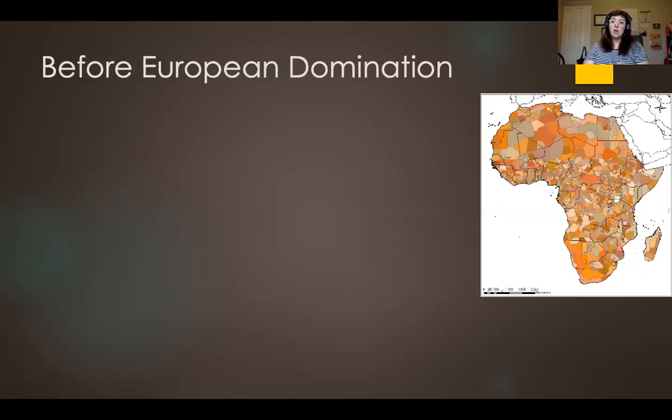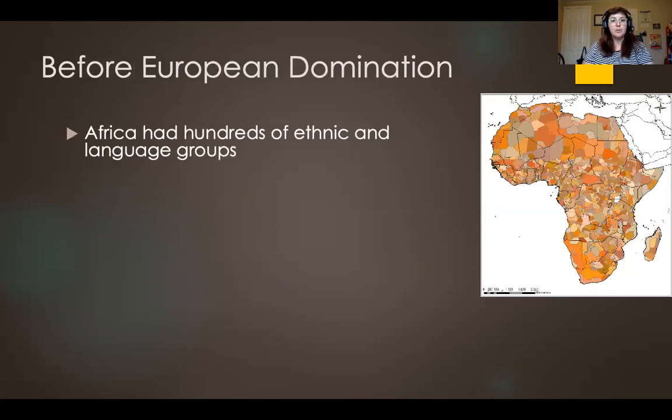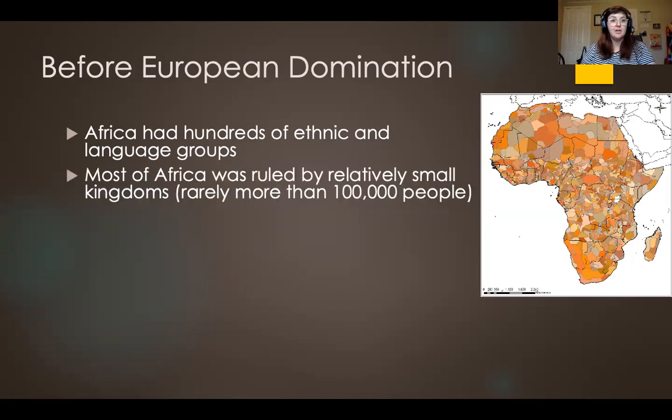Okay, so it's important to remember that before European domination, Africa, which is a huge continent, had hundreds of ethnic and language groups. Millions of people lived there, very diverse societies from Northern Africa all the way down to Southern Africa and Madagascar. Most of Africa at this time was ruled by relatively small kingdoms, rarely more than 100,000 people.